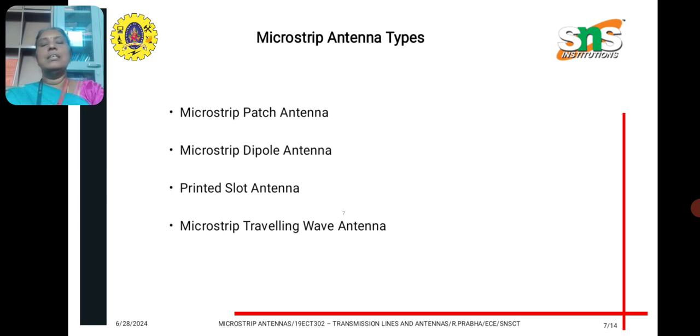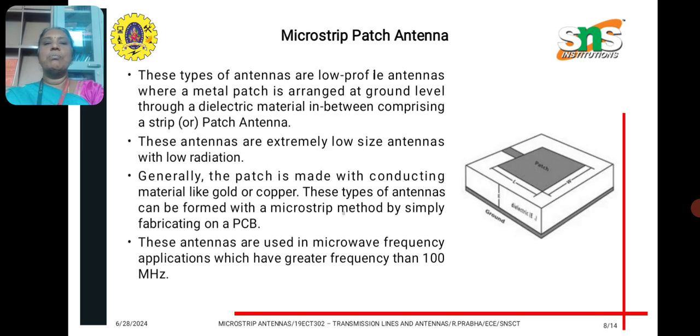There are several types of microstrip antennas available. One is the microstrip patch antenna, then the microstrip dipole antenna, the printed slot antenna and the microwave traveling wave antenna. So, the microstrip patch antennas are low profile antennas where a metal patch is arranged at ground level with a dielectric material in between, comprising a strip or patch antenna.